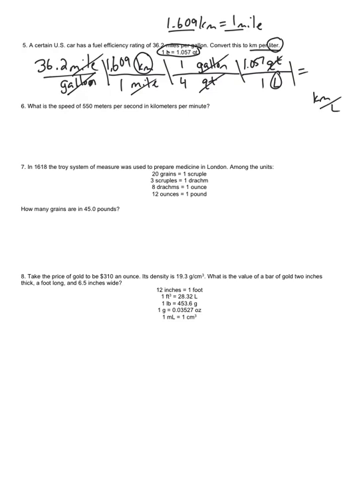Okay, so now I take my calculator out. 36.2 times 1.609, divided by 4, multiplied by, it's on top, 1.057. 15.4 kilometers per liter.